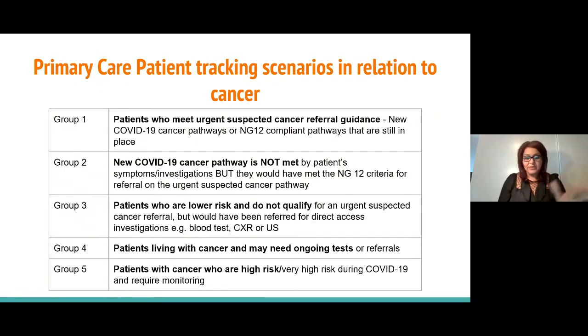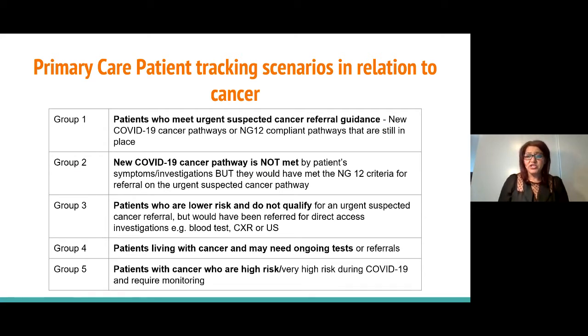So what's happened here is we've collated the patients into groups to show you specifically in the cancer COVID era what types of patients could be applied to this toolkit, and this will become relevant later on when we show you some of the pathways for that. So group 1 are the patients who traditionally meet the 2-week wait pathway criteria.